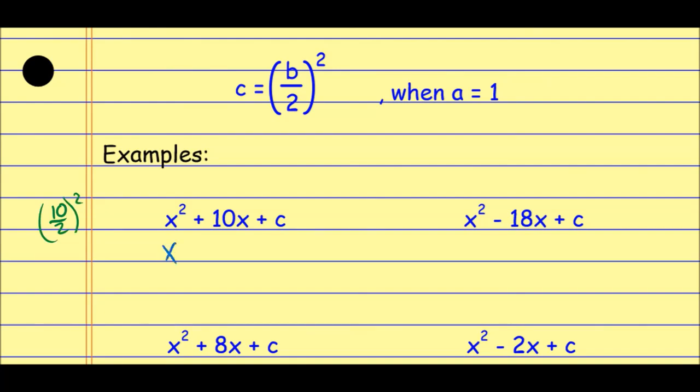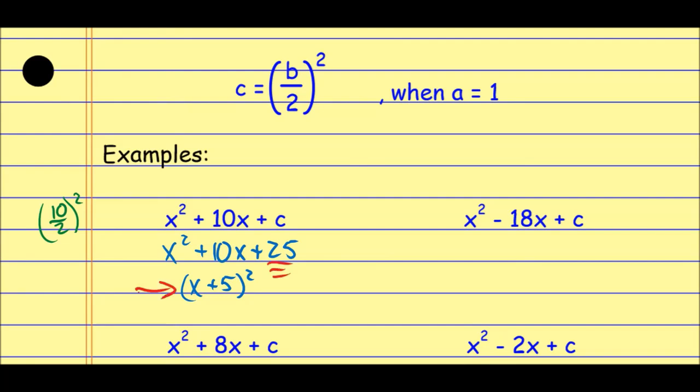So if I change this to x squared plus 10x plus 25, that is now a perfect square trinomial, because it factors into x plus 5 squared. I get that just by simply picking the right C value. This is the value I need to choose so that I can get this situation.